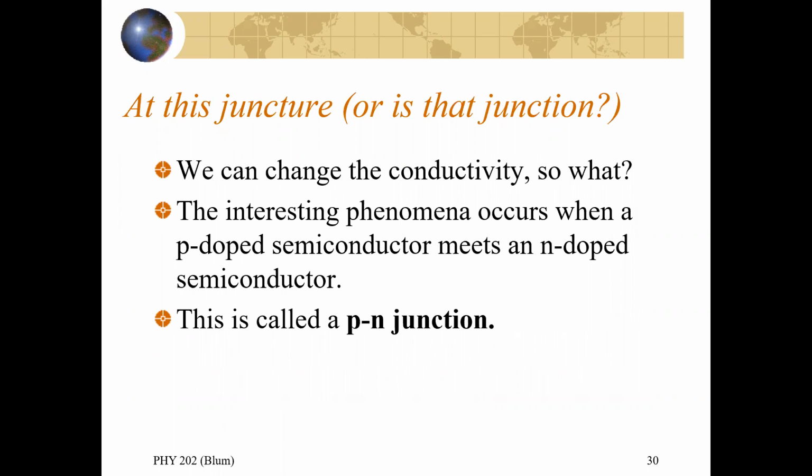It was not a good conductor. We p-doped it. That made it better. We n-doped it. That made it better. We're going to bring the p and the n together, and we're going to make it bad again. This is known as a pn-junction. So we made it better, and now we made it worse again. Why the hell would we do that?